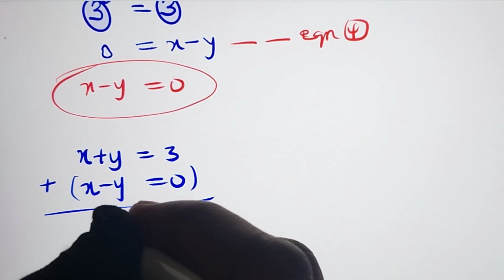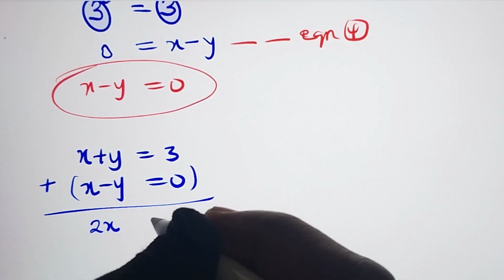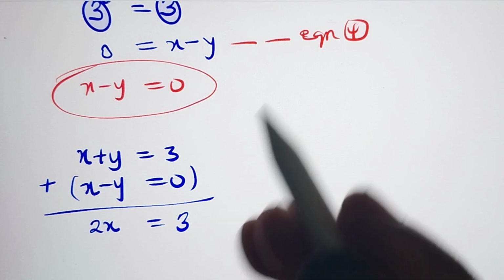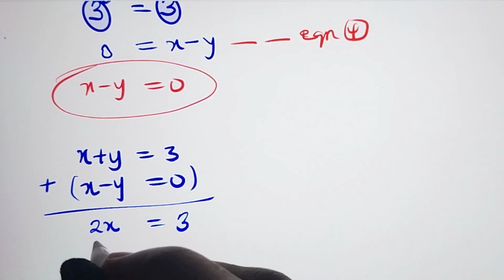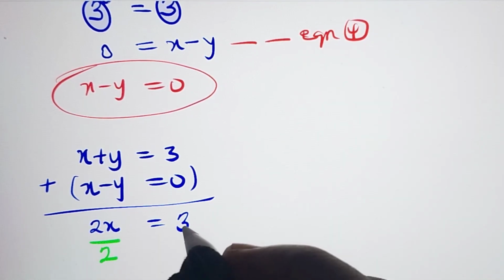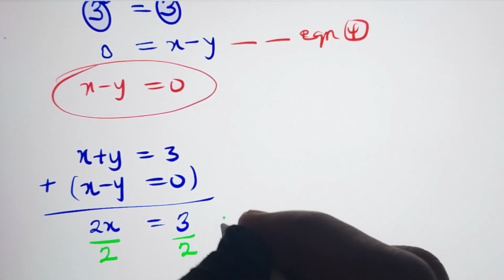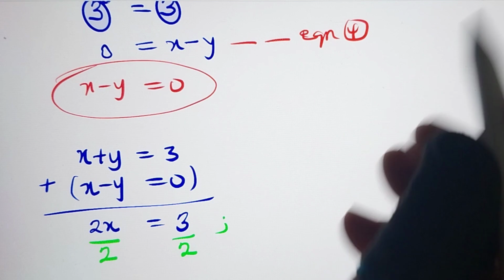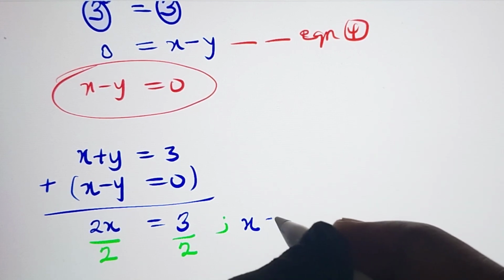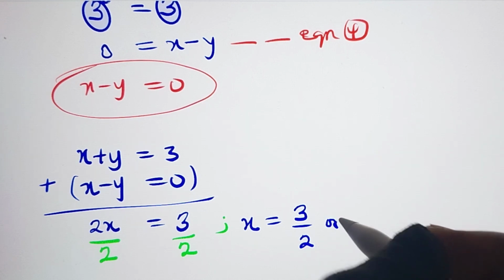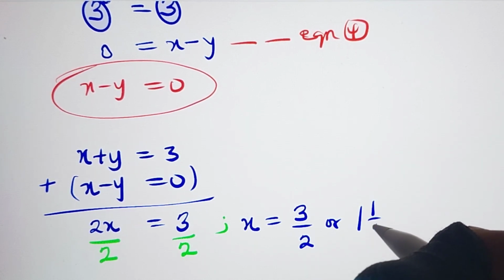So when I add them, I will have 2x is equal to 3 plus 0 is 3 here. Now we can solve for x by simply dividing through by 2, and that way we can say that our x is 3 over 2.